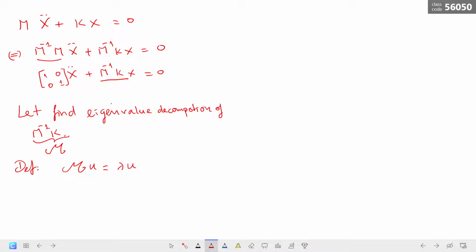And if you substitute, M inverse K times u equals lambda u, or you can write K times u equal to lambda times M u, because I multiply both sides by M. So sometimes you can use this definition, or you can use this directly.